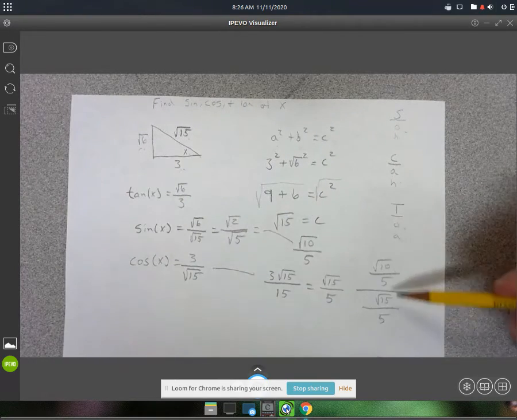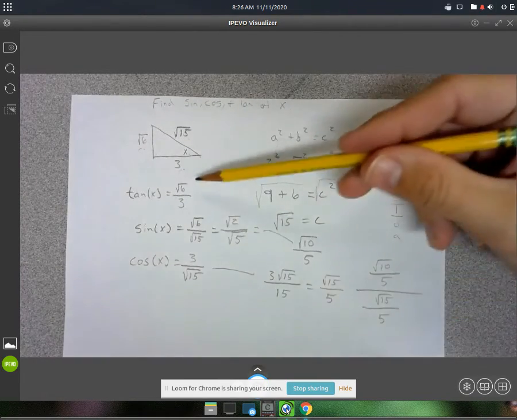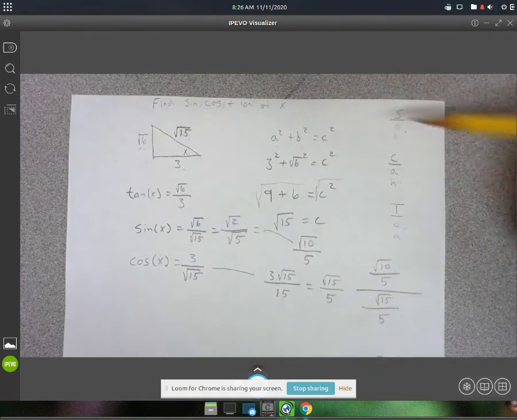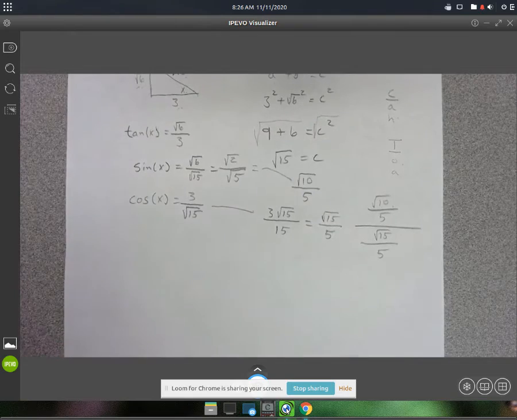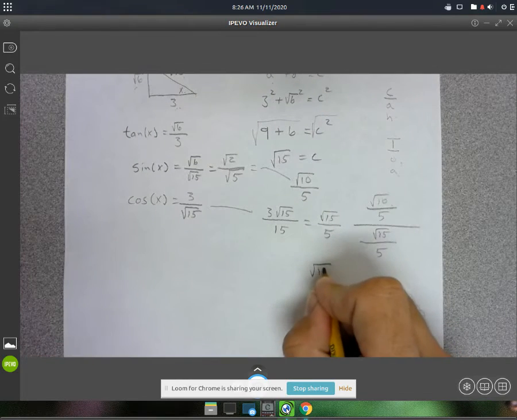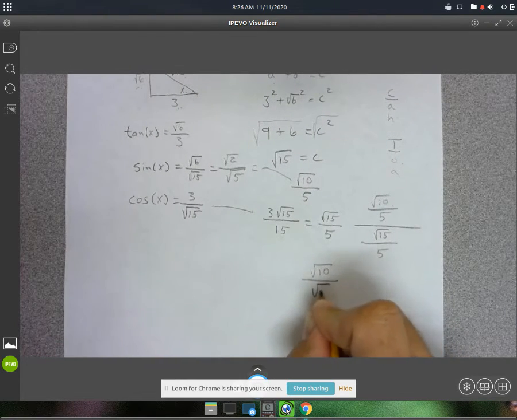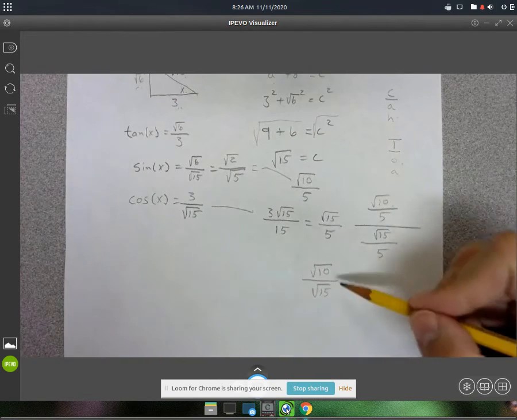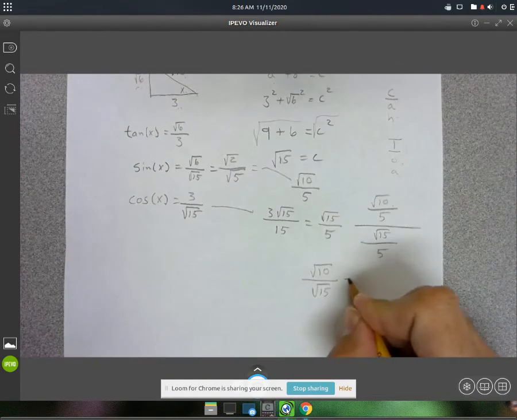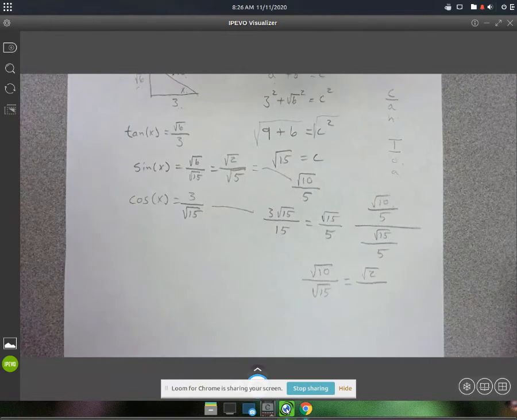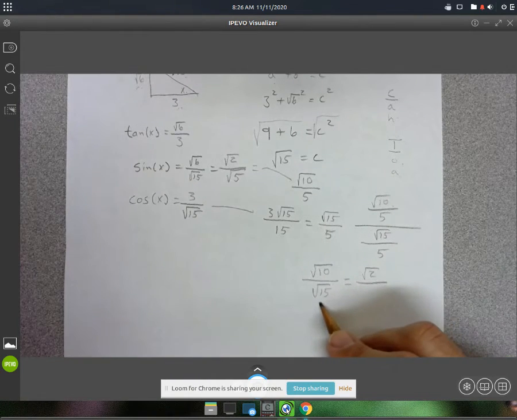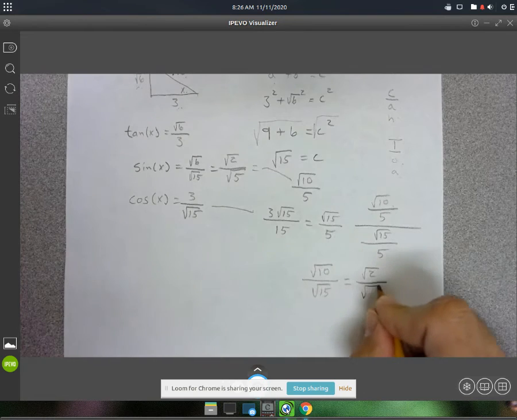So this is sine over cosine. The 5's cancel, and you just get root 10 over root 15. Then you can divide these both by 5, so you get root 2 over root 3.